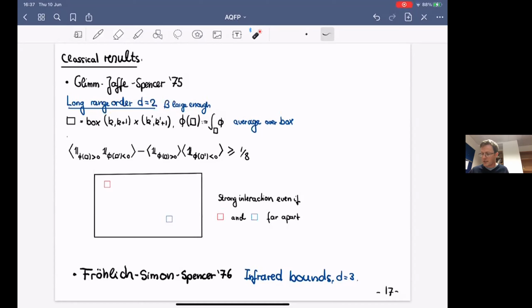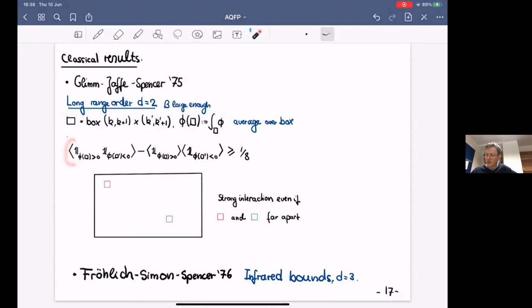Their result is this: they look at a two-dimensional box of size 1, and for such a box you define the average. This is just a notation: I define phi of the box as the average of this field over this box. And then what they proved is this long-range order that I showed you on the cartoon on the previous slide.